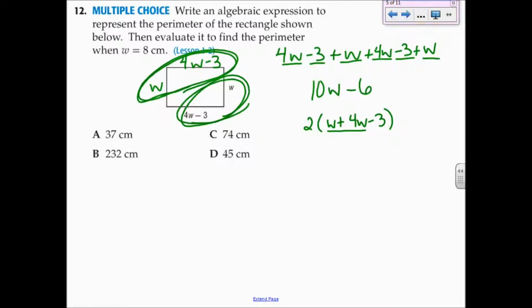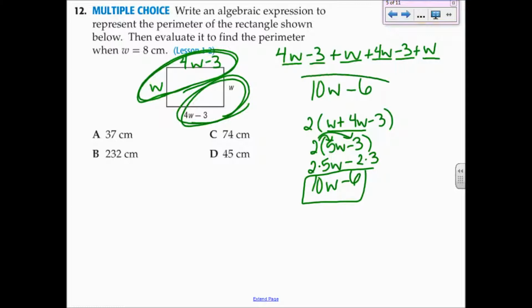So W plus 4W makes 5W. And then if I use the distributive property, I would have 2 times 5W minus 2 times 3, or 10W minus 6. So either way, the expression I find is 10W minus 6.